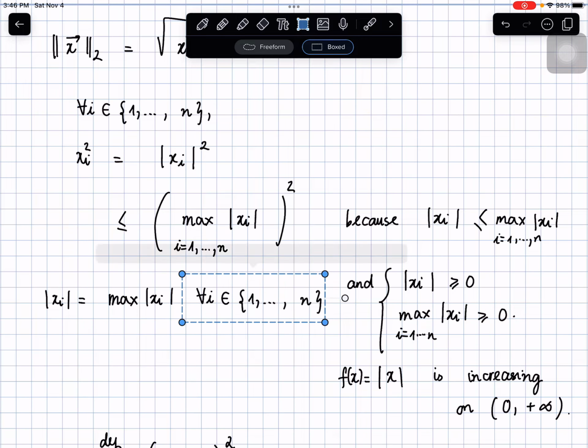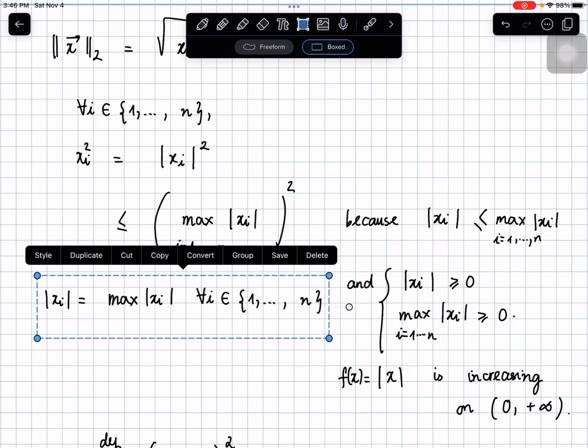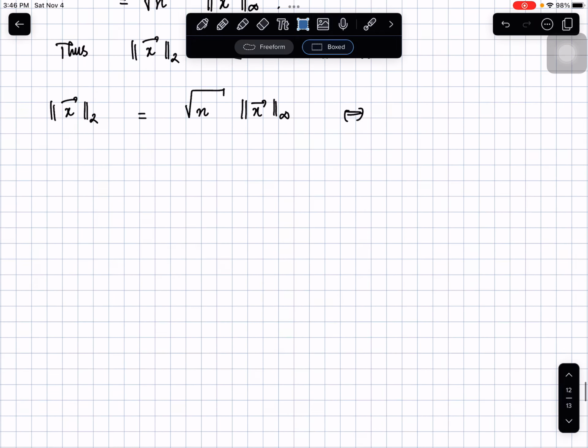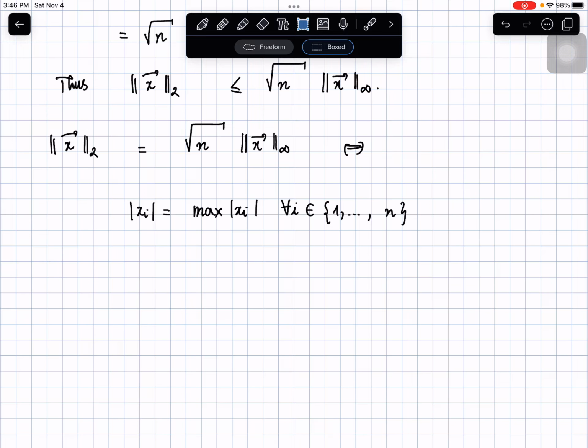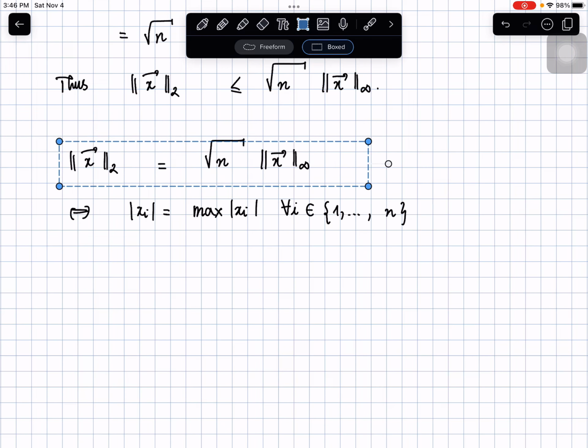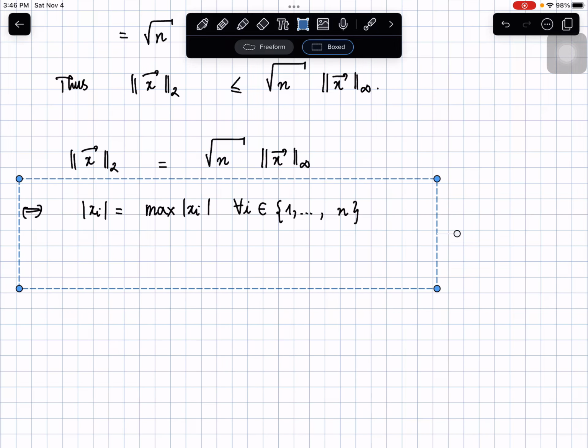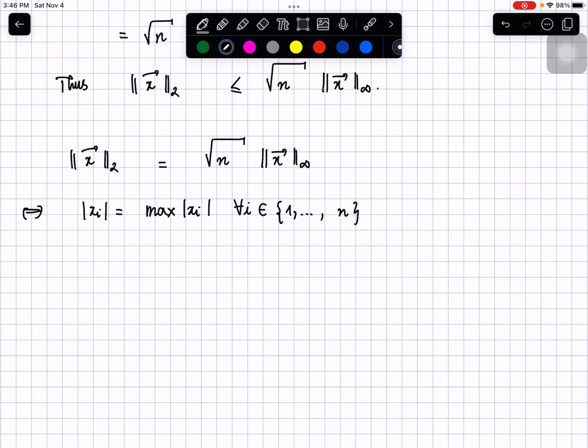This is true if this condition is true. And this condition means that x is just a vector with all the entries having the same values, right?